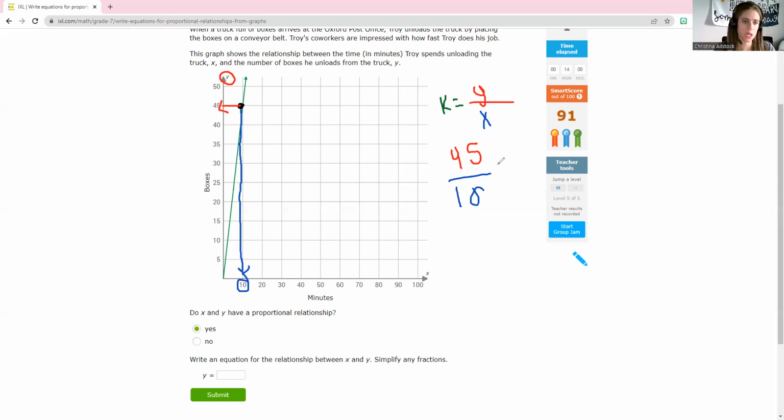So 45 divided by 5 would be 9, and 10 divided by 5 would be 2. Can we simplify that fraction any further? Nope, they don't have anything else other than 1 in common, meaning our answer would be y is equal to 9 over 2x. And then we can insert that with the little slash for our fraction there.